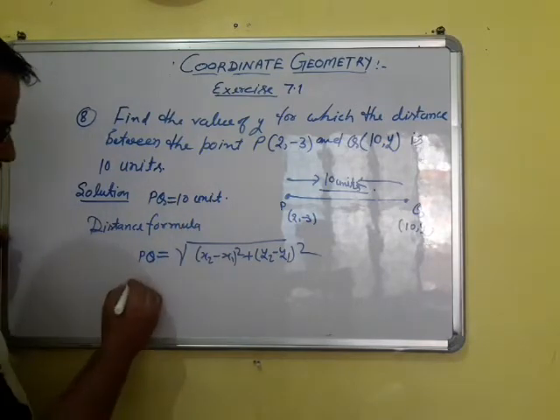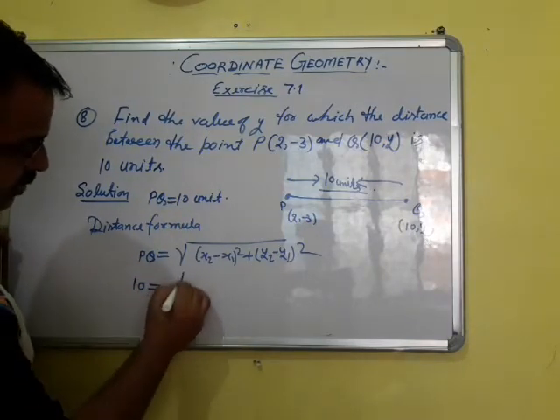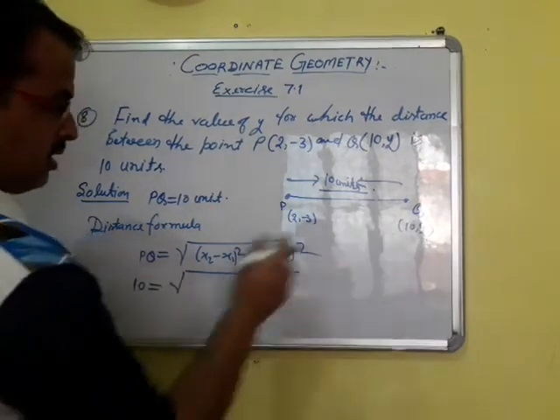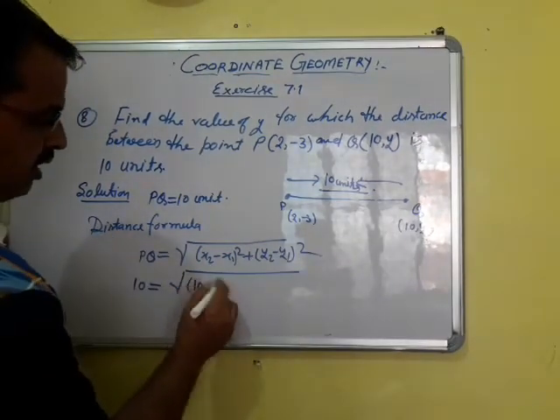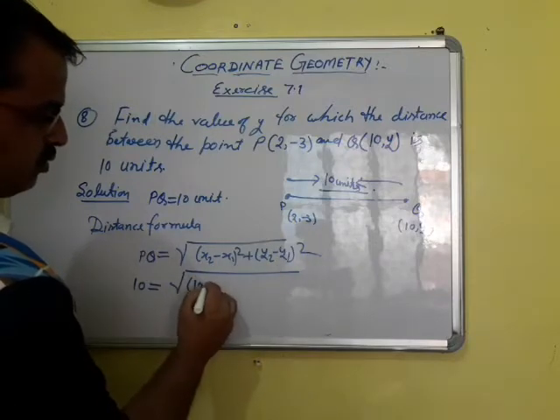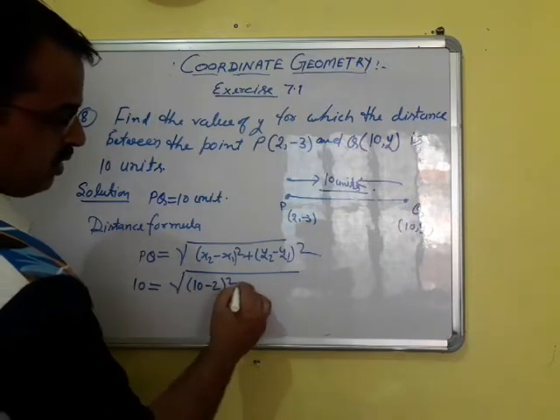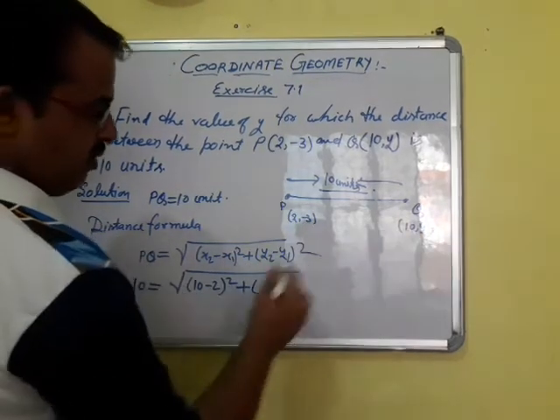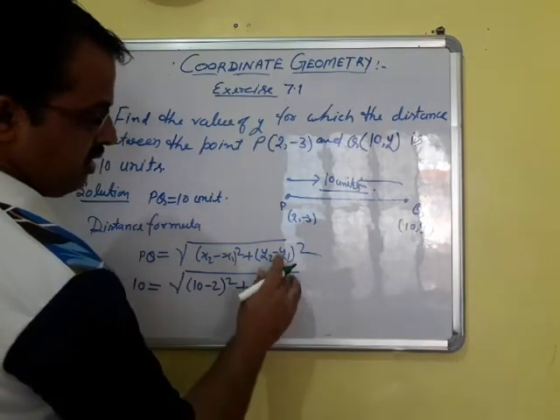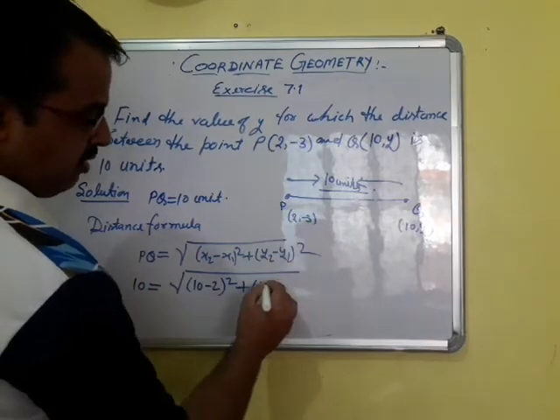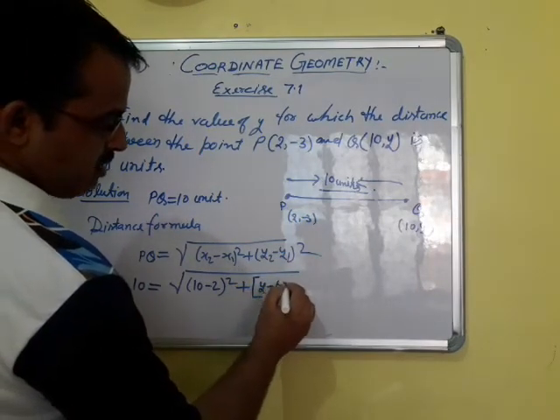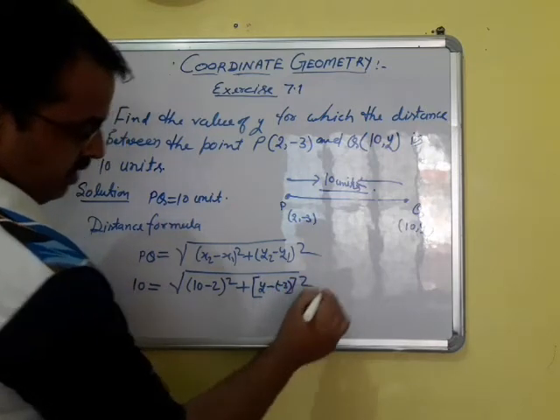So put 10 is equal to the square root of (10 minus 2) whole square plus (y minus minus 3) whole square.